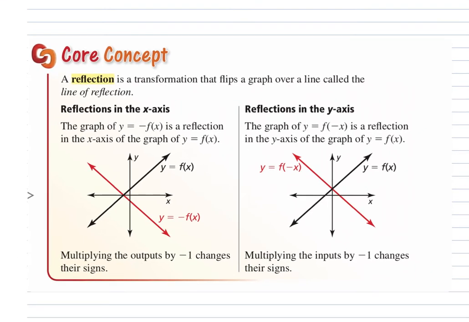Okay, the next type of transformation that we are learning about is something called a reflection, okay? Now, when you hear the word reflection, what do you guys think about? Eli? The reverse, okay, reverse.